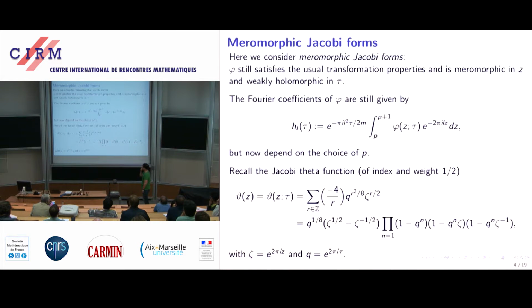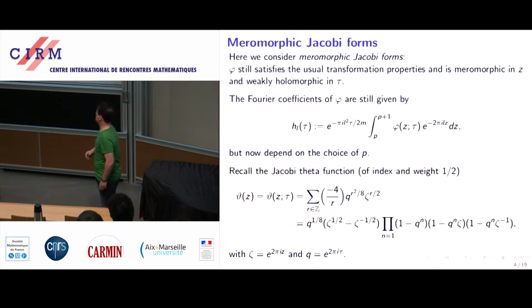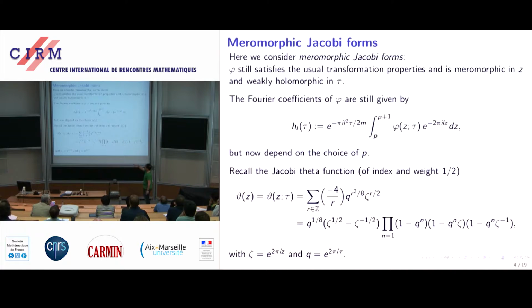If you want to look at the zeros of this thing, that's really easy. Zeros in the z variable, I'm always speaking about the z variable, the elliptic variable, are in lattice points, z in Z tau plus Z. If you write it in terms of q and zeta, if zeta is an integer power of q, then you get zeros, and no other zeros.